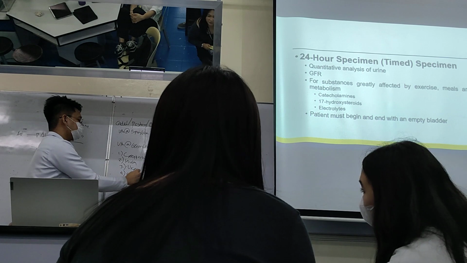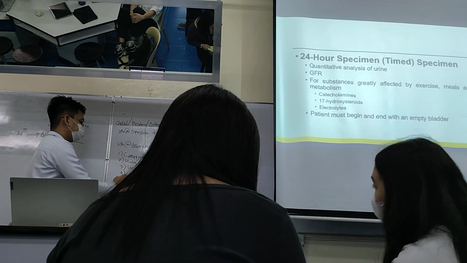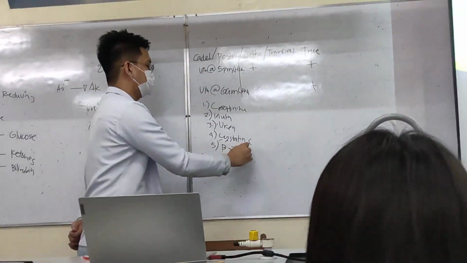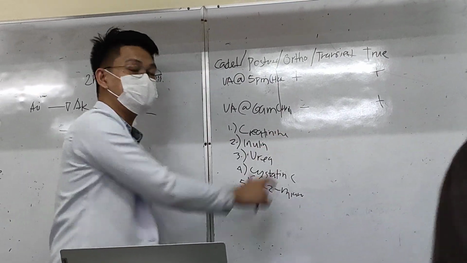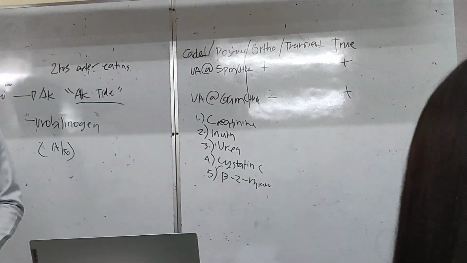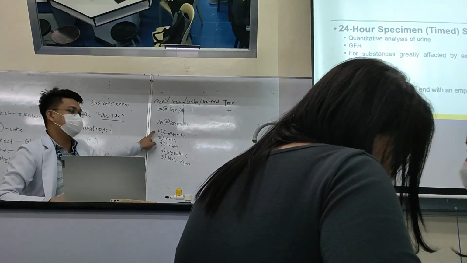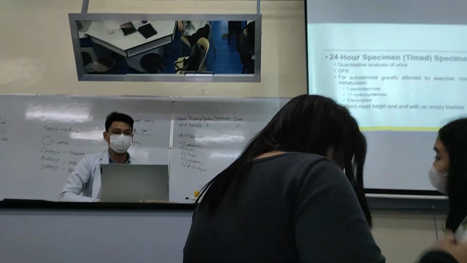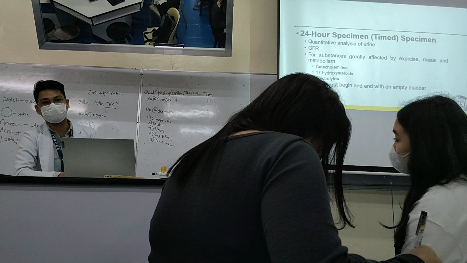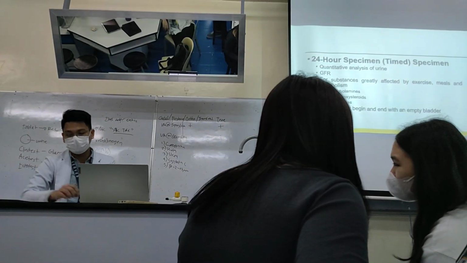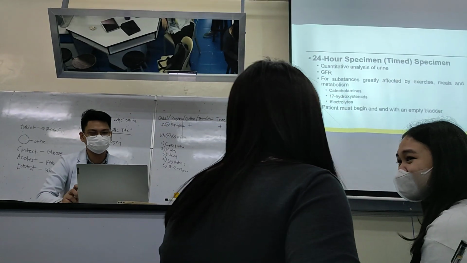Cystatin C. And beta 2 microglobulin. But among these 5, which is the gold standard? Inulin. These are the analytes that can be detected using your glomerular filtration rate, using your 24-hour timed specimen.